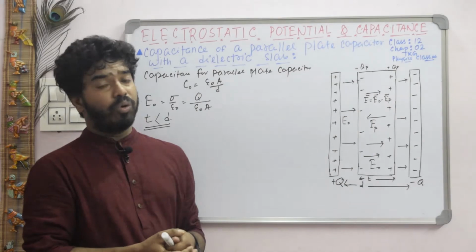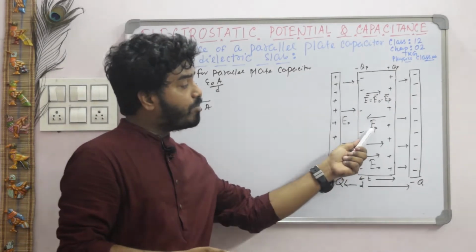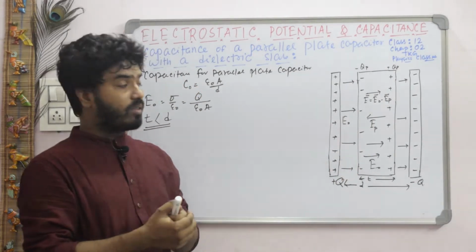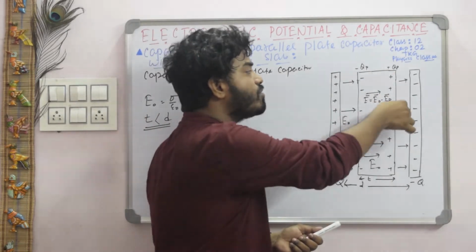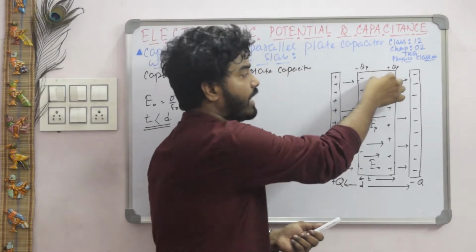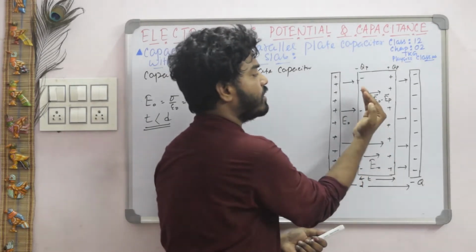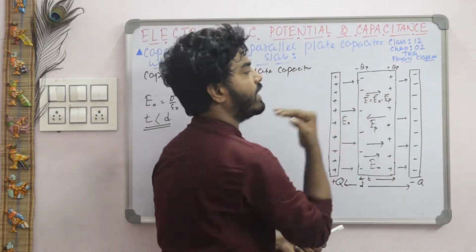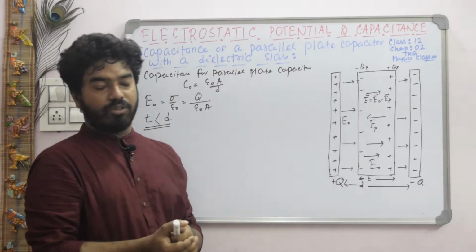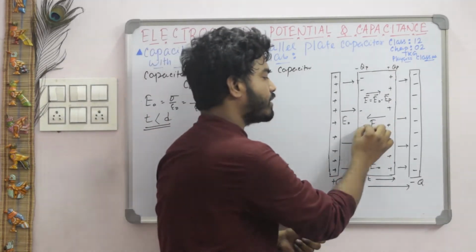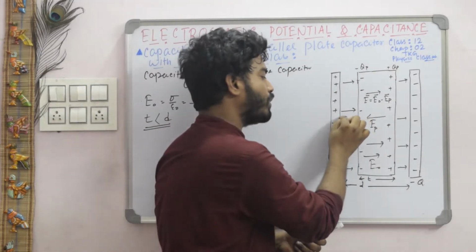You know EP is very small because it comes from a small amount of induced charge. Inside the dielectric these charges cancel out, and only the charge just outside the dielectric slab remains. So generally EP is very small with respect to E naught.